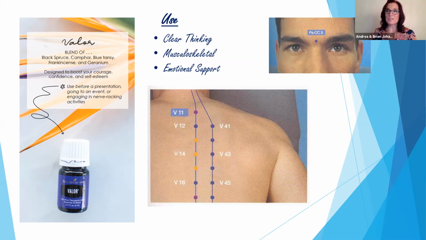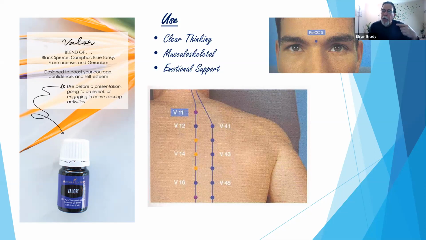And then we had an interesting conversation the other day about here, correct? Can you talk about this? That's right. This one is written clear thinking. And I was telling Andrea that clear thinking in this tradition has more to do with intuition.